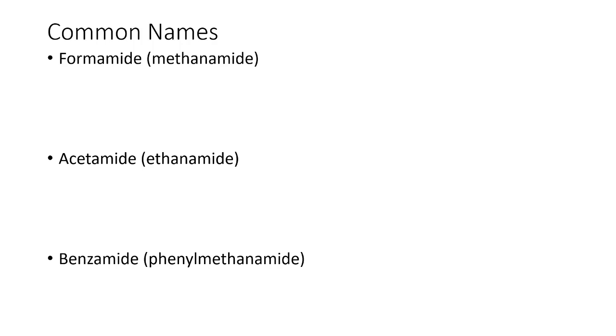Formamide or methanamide is where we have our amide functionality, and it is attached to a hydrogen, so we only have one carbon atom in total. Acetamide or ethanamide is where we have two carbon atoms associated with our amide functionality. Both of those would be primary in nature.